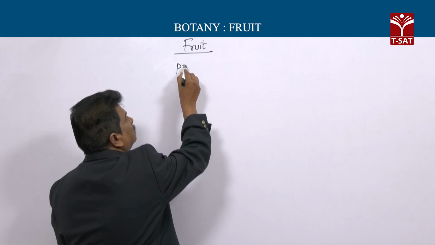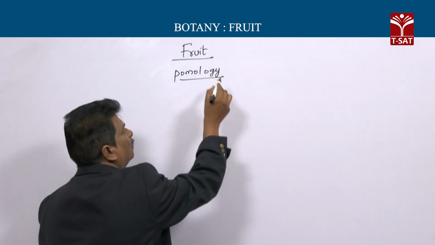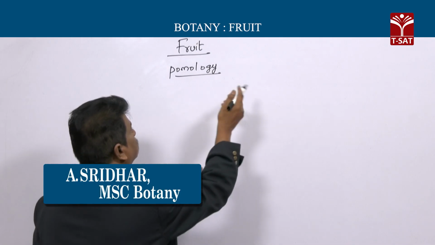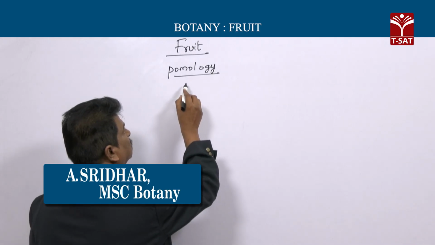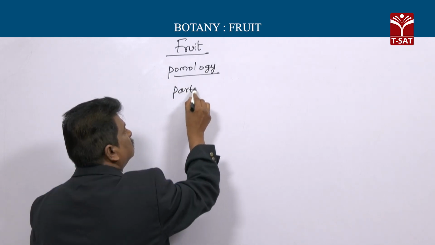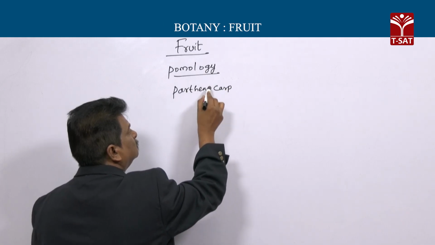The science which deals with the study of fruits is called pomology. Actually, a fertilized ovary is called fruit, but in some plants, without fertilization, the ovary forms fruit.